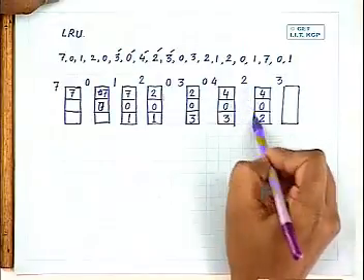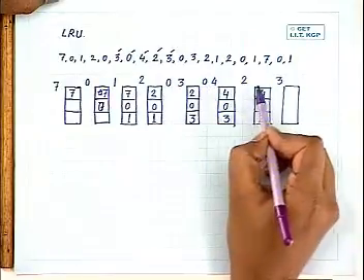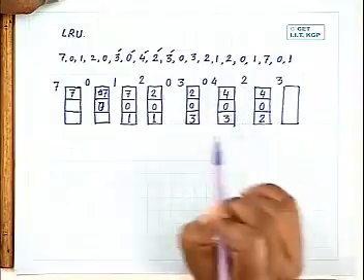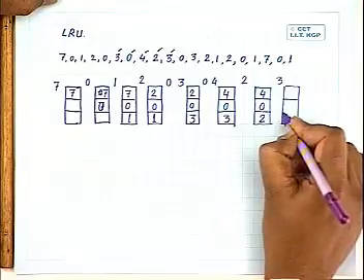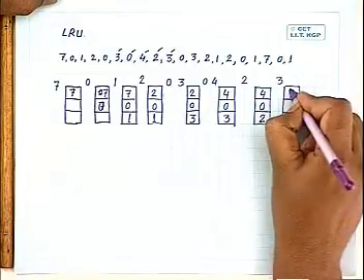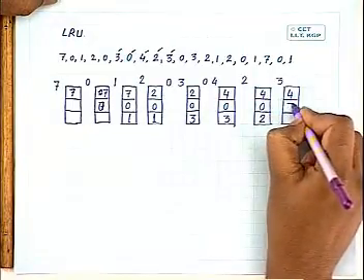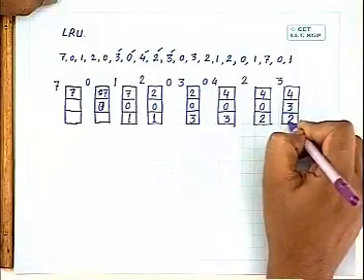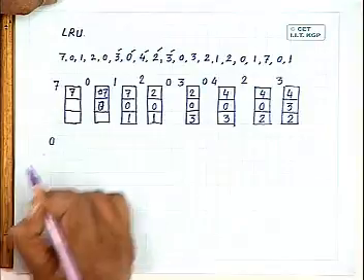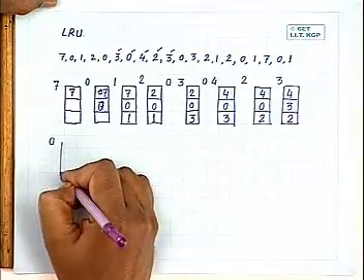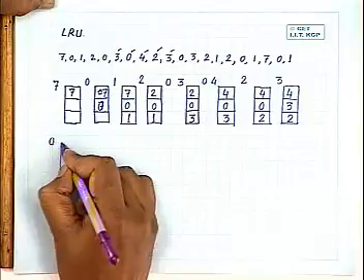Out of these 3 pages, page number 0 is the least recently used page. So I have to replace page number 0 by page number 3. So I have the situation 4, 3, 2. Next time when 0 is referred, again there is a page fault.